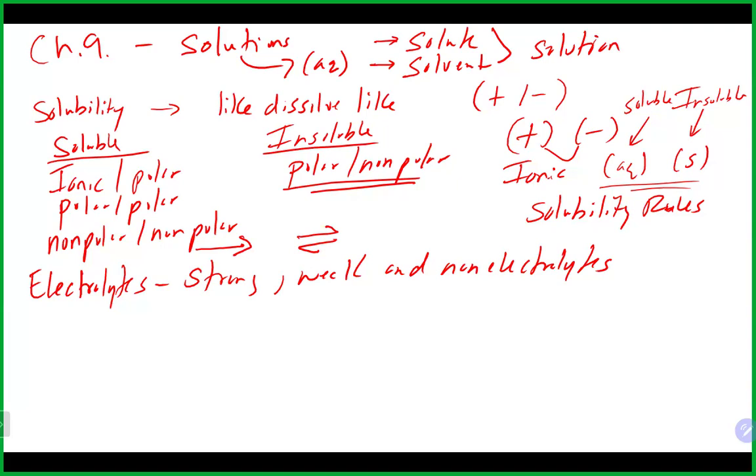The non-electrolyte is something, again, that will dissolve in water, but the difference is it will not create any ions. And even though it's able to dissolve in water, because it does not have any ions that are created, it will not conduct electricity. So I think we talked about sugar as an example of that. Sugar, again, is carbons, hydrogens, and oxygens.